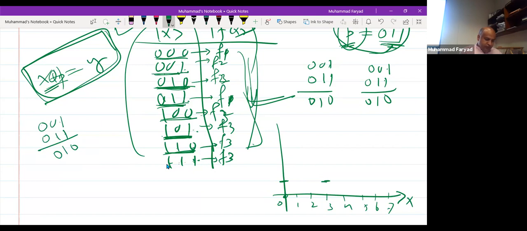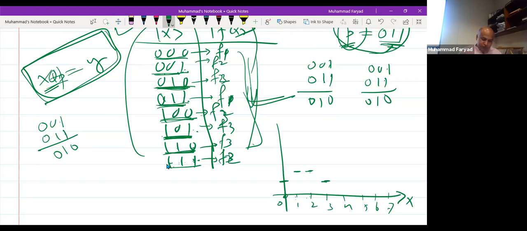So this is 001 and 010. So 001 is this one, and this is this. These two have the same output. And then 100 and 111 have the same output.